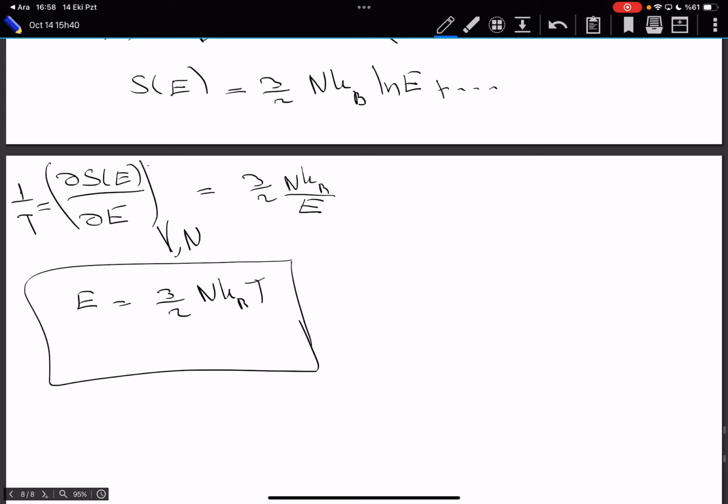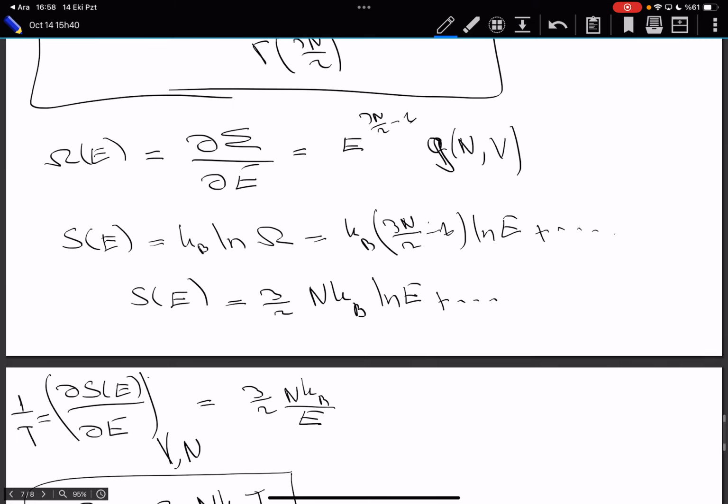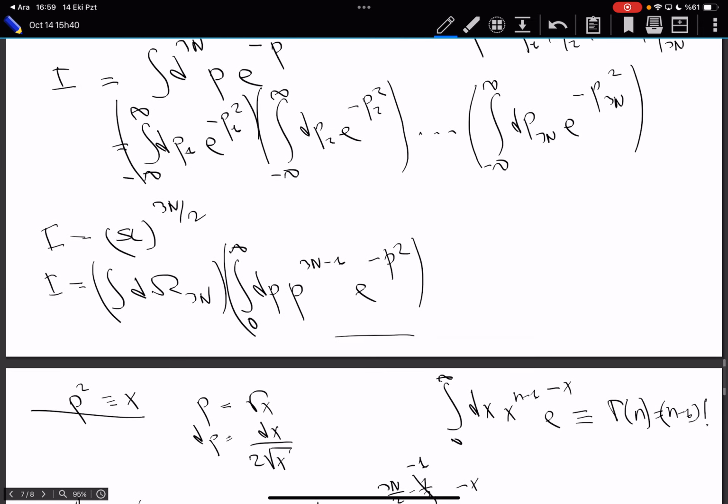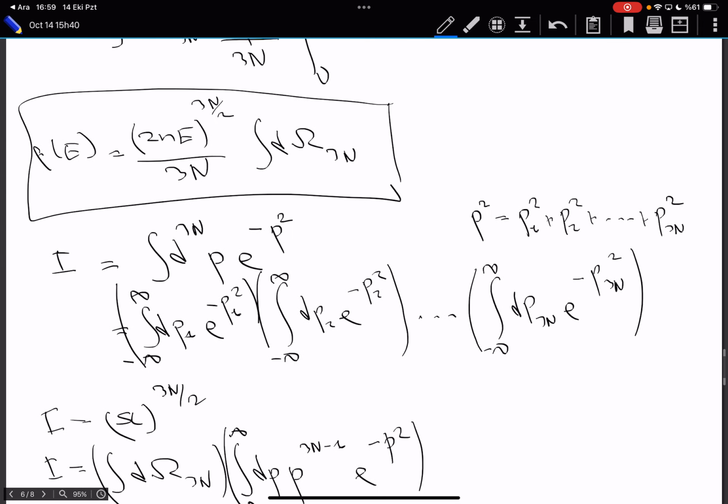Well, this is somewhat a bit more complicated, but still not that much. But of course, keep in mind that we have made several assumptions about the energy.